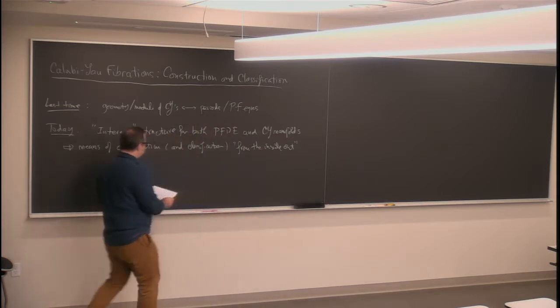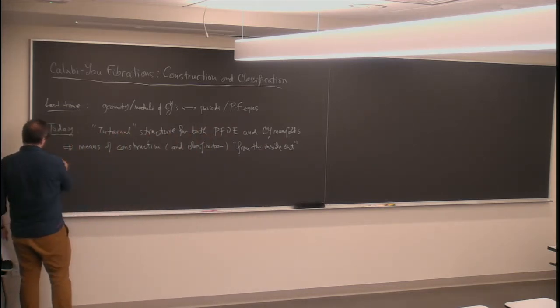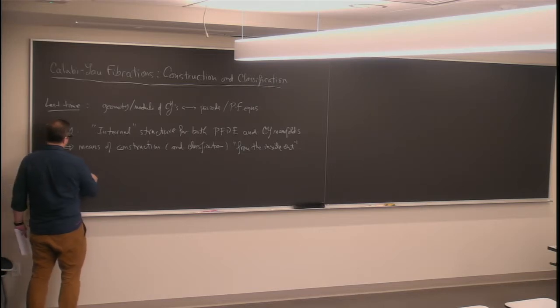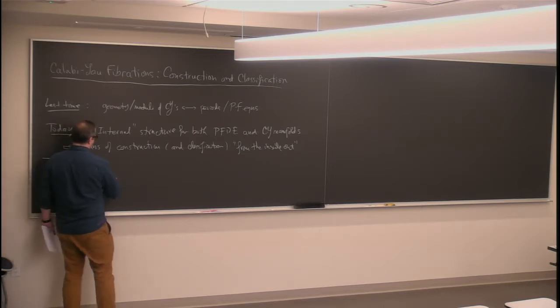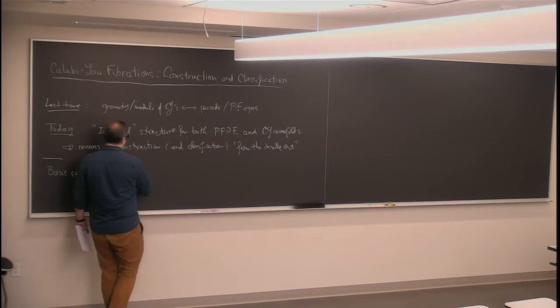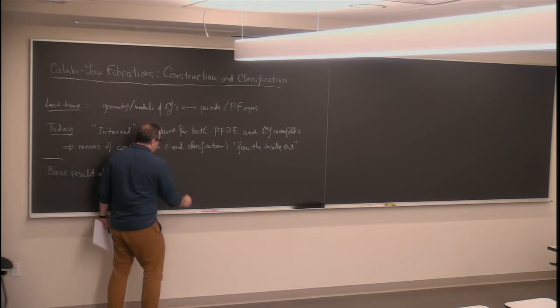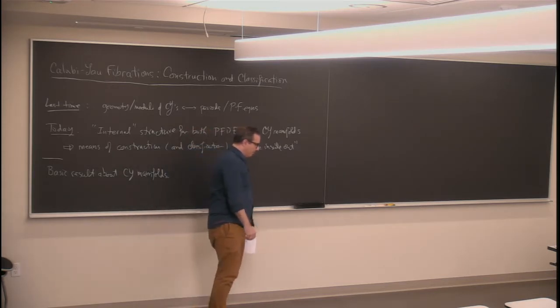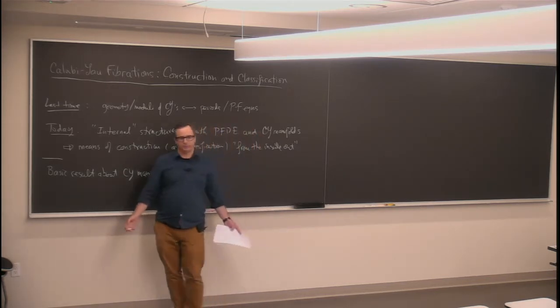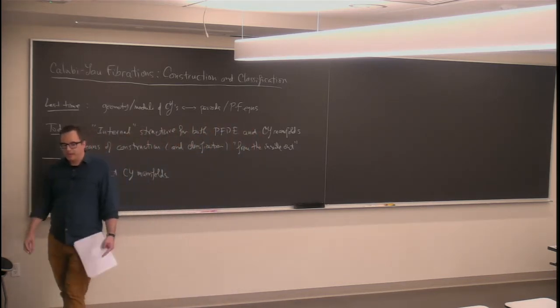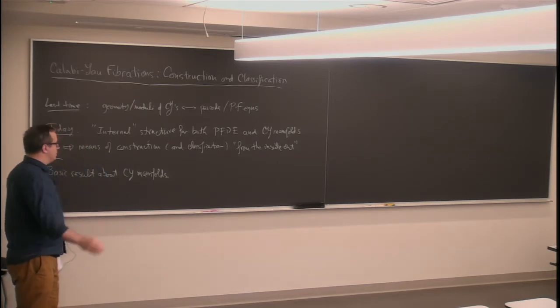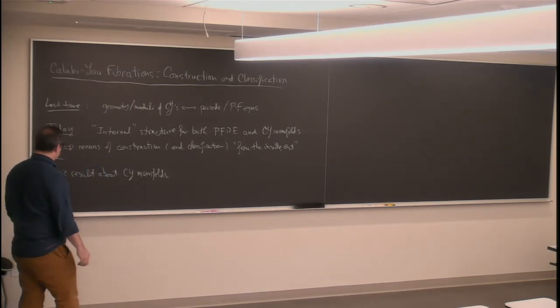Okay. So let me start with a basic result about Calabi-Yau manifolds that is surprisingly overlooked in the literature. I mean, it's a very, very basic result. It's one I first stumbled on when I was a grad student, just playing around with adjunction.